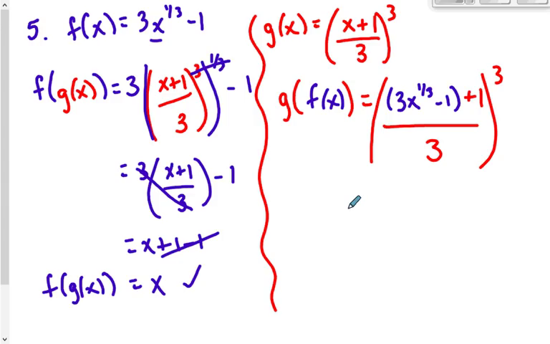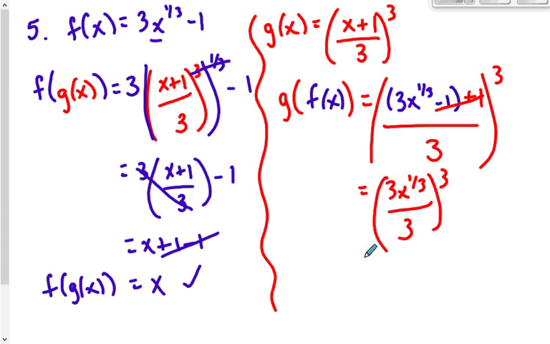Work inside your parentheses first. So inside right here, I can't do anything inside the blue, but then -1 plus 1 cancels. And I have 3x to the 1/3 over 3 all cubed.